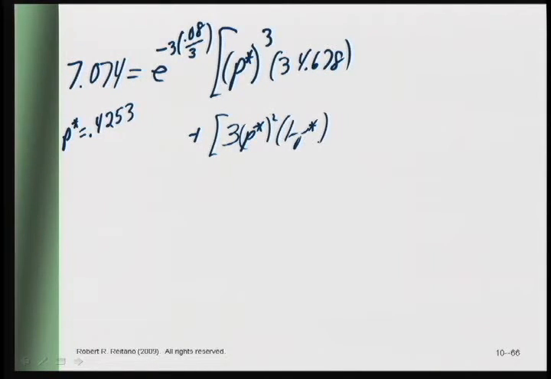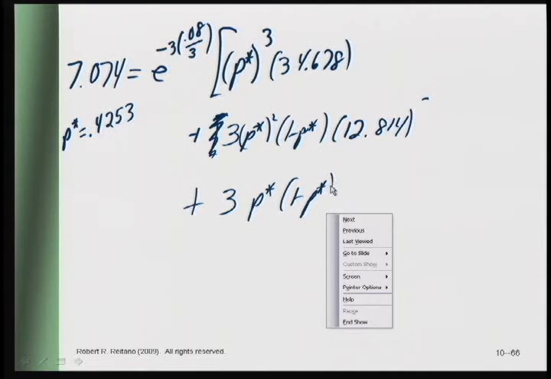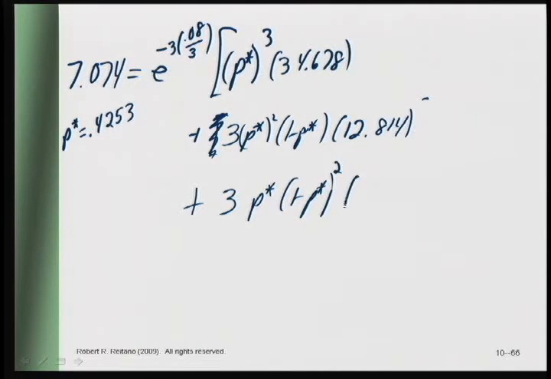And the exercise value in that state, where there's 2 ups and 1 down, is $12.81. Plus this, and then we have plus 3 P star times 1 minus P star squared. Now the exercise value there is 0, and the exercise value in the down state is also 0.